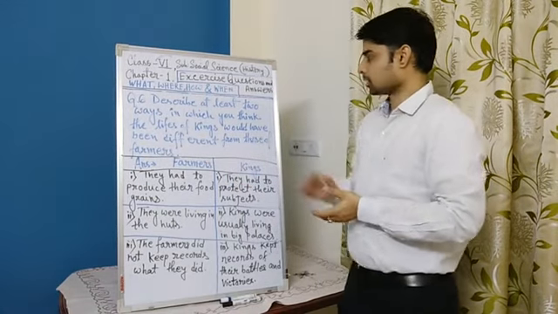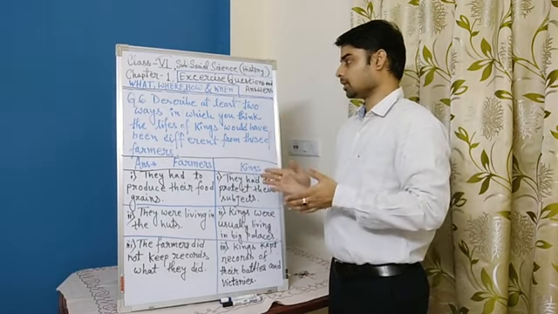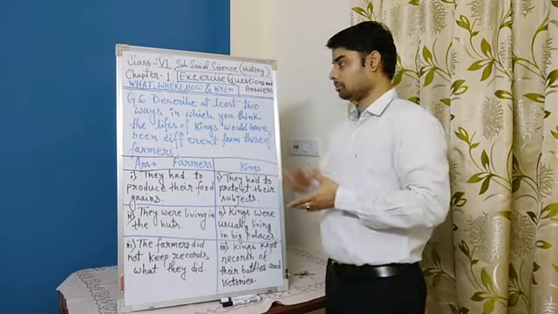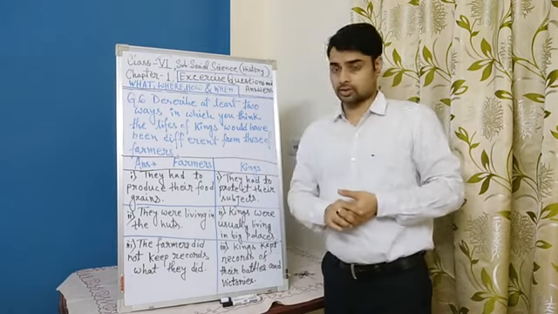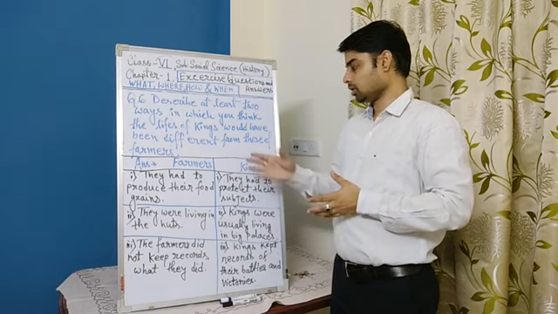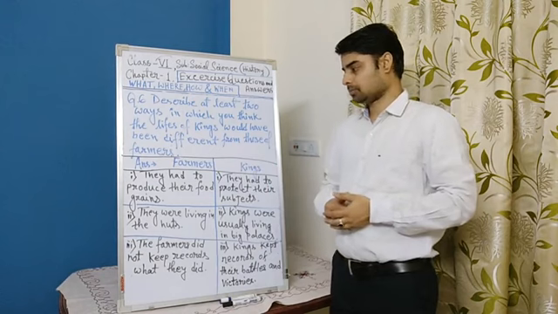Now the last question of this chapter. The question is, describe at least 2 ways in which you think the lives of kings would have been different from those of farmers. It is question number 6. So first, to answer this question, make 2 columns, one for farmers and another for kings.